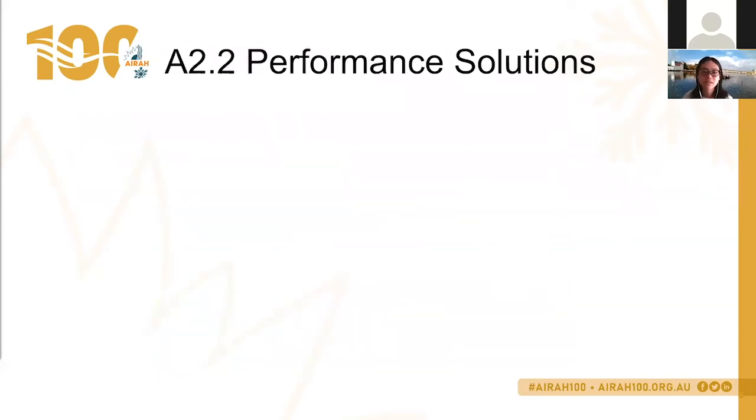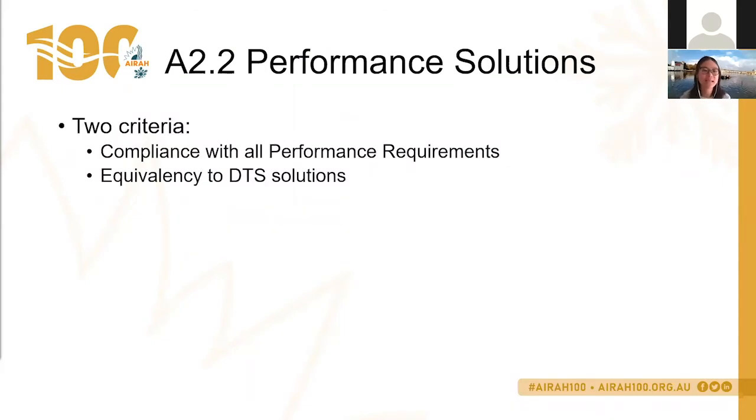So first, let's have a look at what the performance solutions actually refer to. This will be covered under Part A of the National Construction Code, not Section J. Under Part A2.2, it tells you that there are two criteria for you to meet the performance requirement.